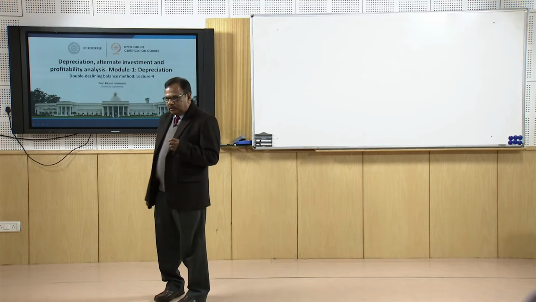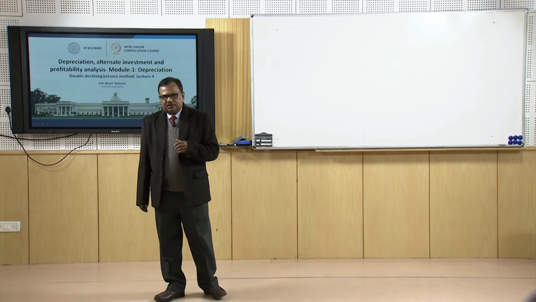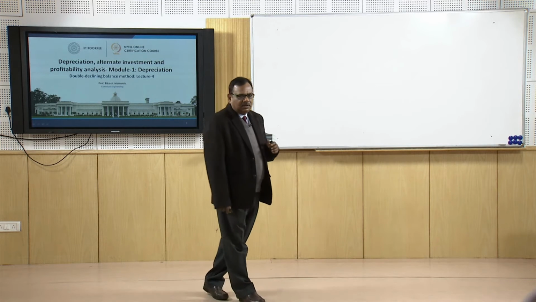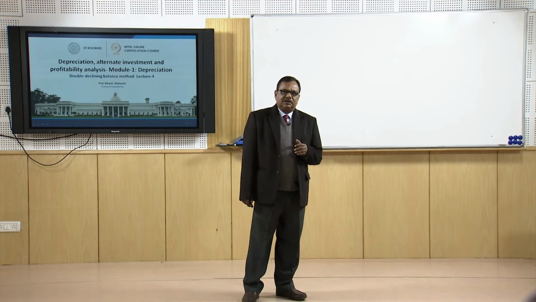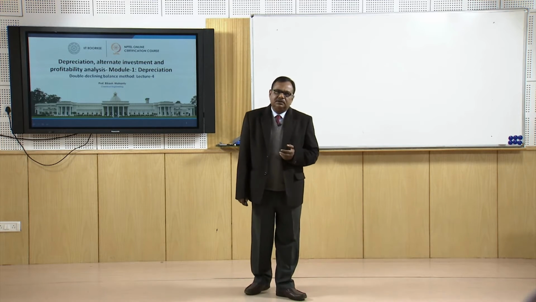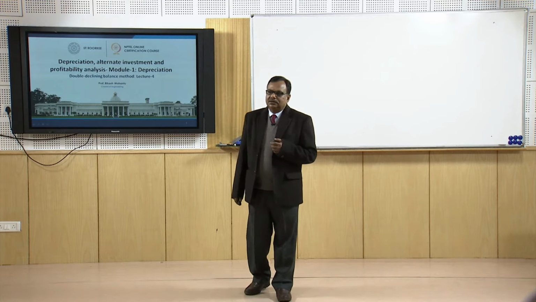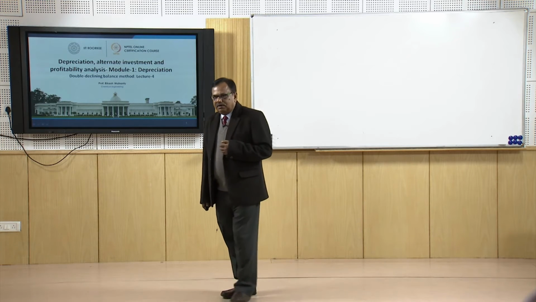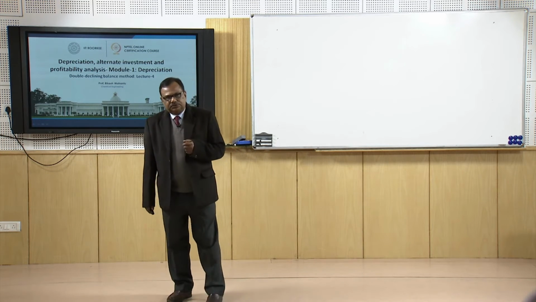So, if the usage is at a consistent rate, that means we are using the equipment at a consistent rate, then probably the double declining method of depreciation should not be used.